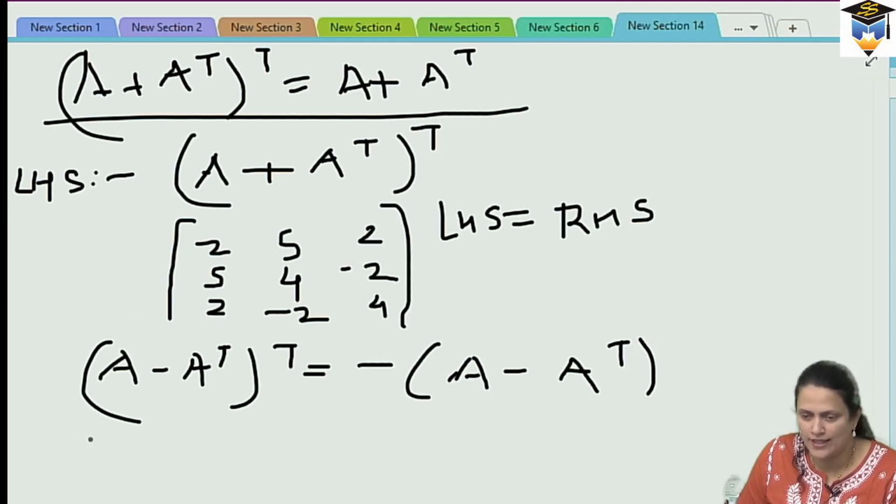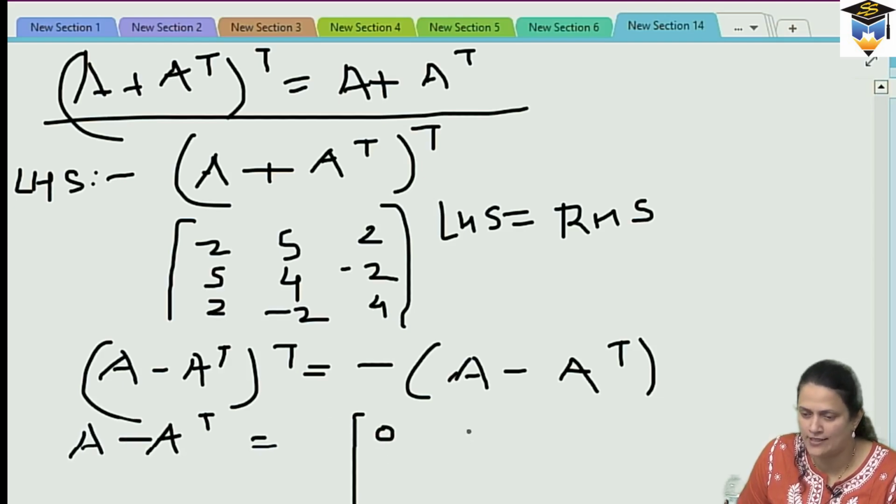Now let us find out what is A minus A transpose. I am directly going to do the subtraction part. I am going to tell you the answer as 0, 1, minus 6, 0, minus 1, plus 6, 1, 0, 4 and minus 6, minus 4 and 0.